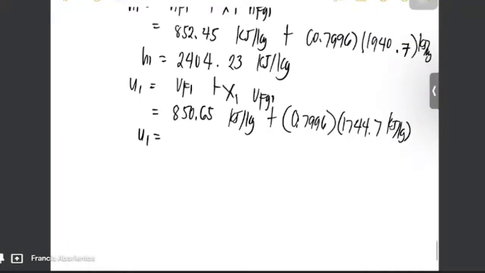What is the internal energy at 0.1? Sige. Kung tama. Sige nga. Baka mali class. Double check your answer.